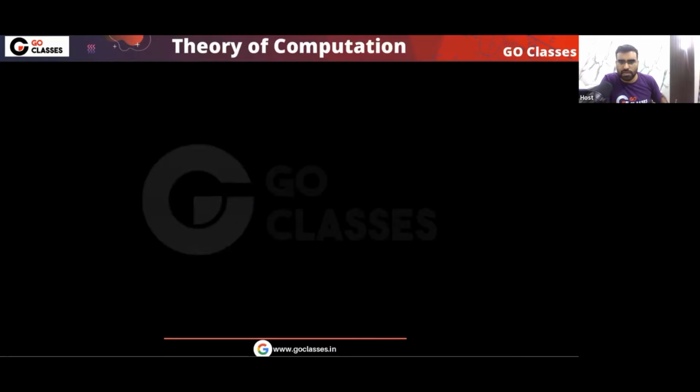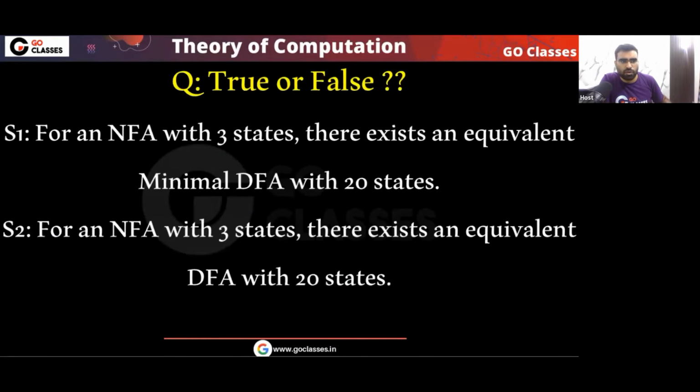Okay, let me know. Tell me the answer for these two questions. Understand the difference between these two questions. Statement S1 is saying that for an NFA of 3 states, there exists an equivalent minimal DFA with 20 states. This statement is actually false. Yes or no?